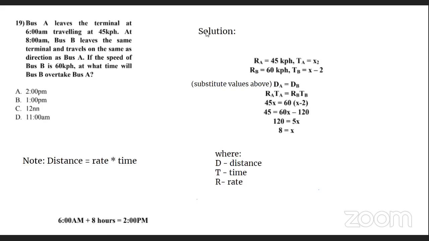Umalis ng 6 AM si bus A, si bus B naman late siya ng 2 hours. Mas mataas si 8 kay 6 pero we treat it as parang lag time. So it's minus kasi late siya.